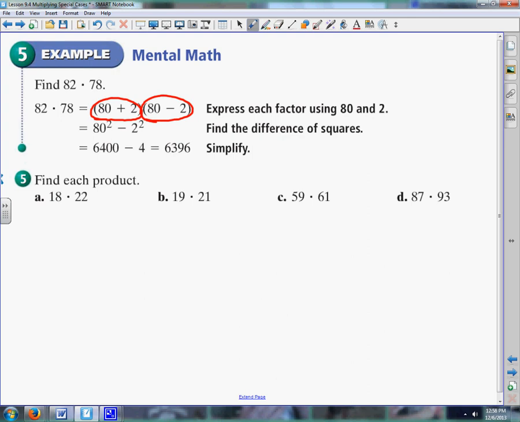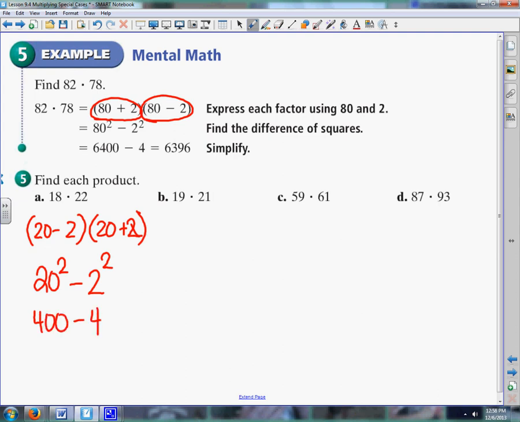So let's do A. So we'll do 20 minus 2 and 20 plus 2. So then I have to do 20 squared minus 2 squared. So 20 squared is 400 minus 4 is 396.